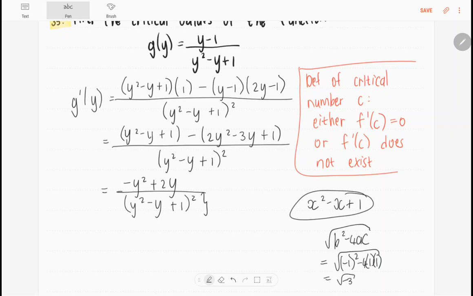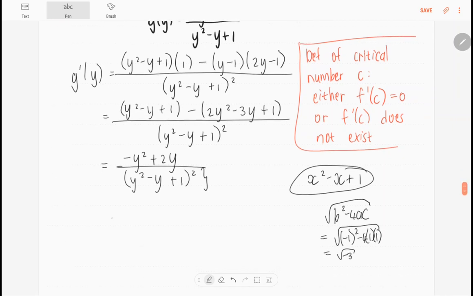What does this mean? That means that equation has no real roots, so it will never equal 0. So the derivative exists everywhere.